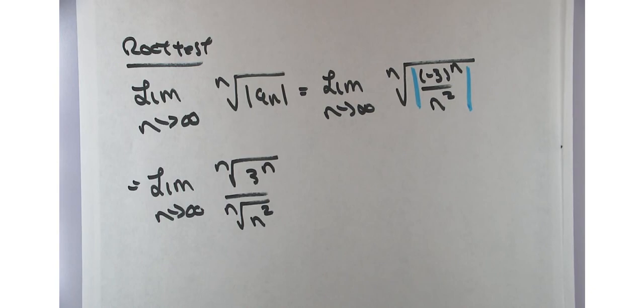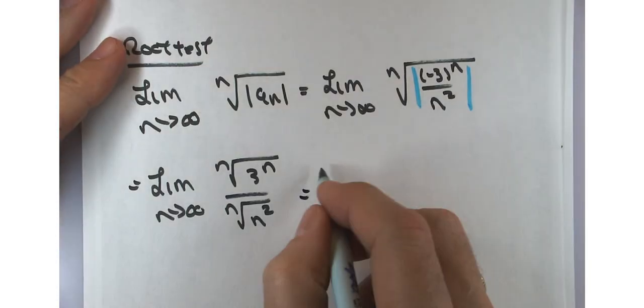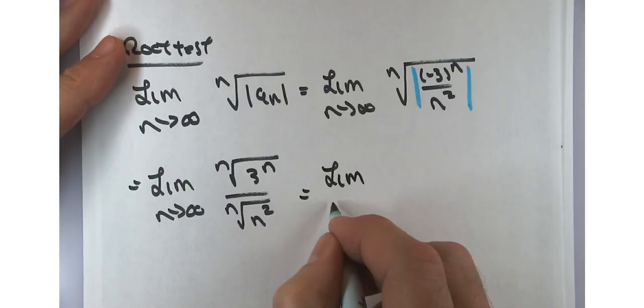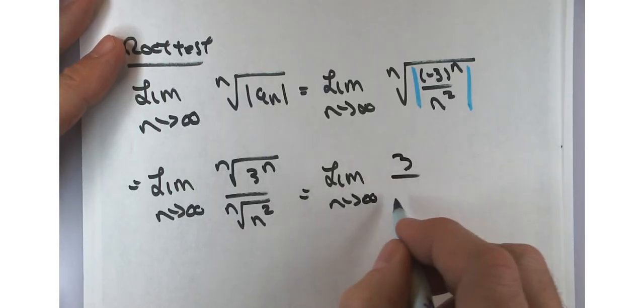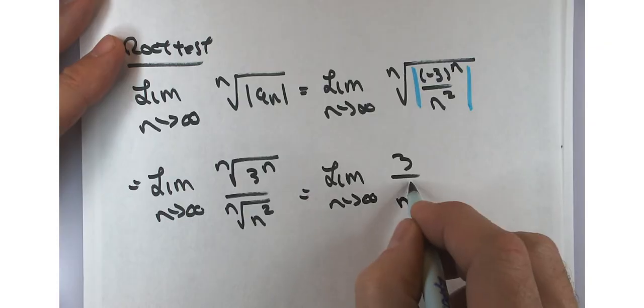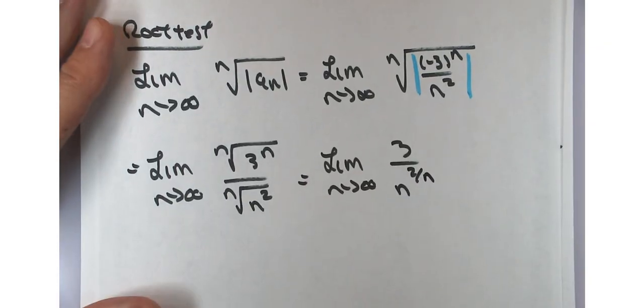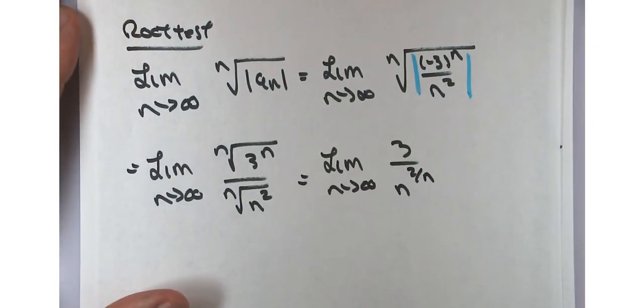The denominator, I'm not so sure what's going to happen in the denominator. Limit as n approaches infinity of 3 over n to the 2 over n. All right, I guess this works okay.